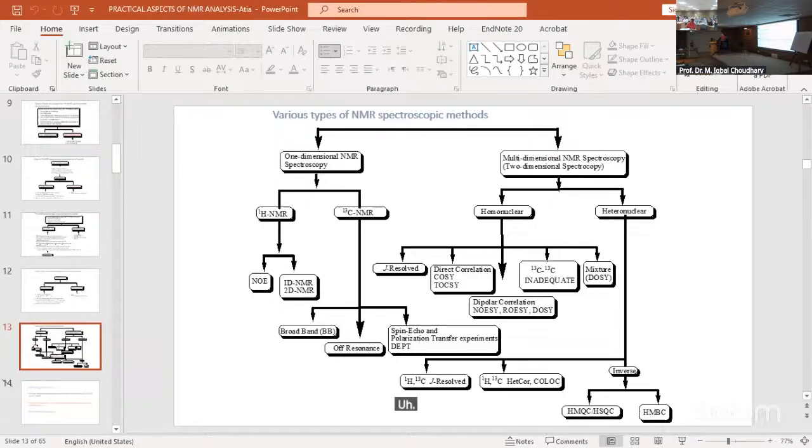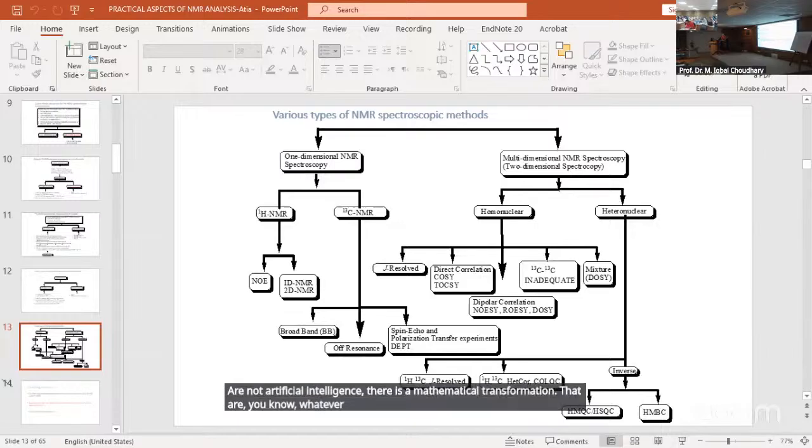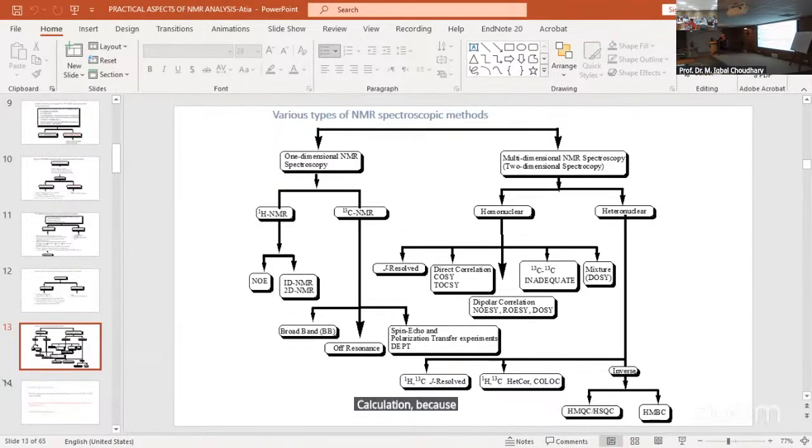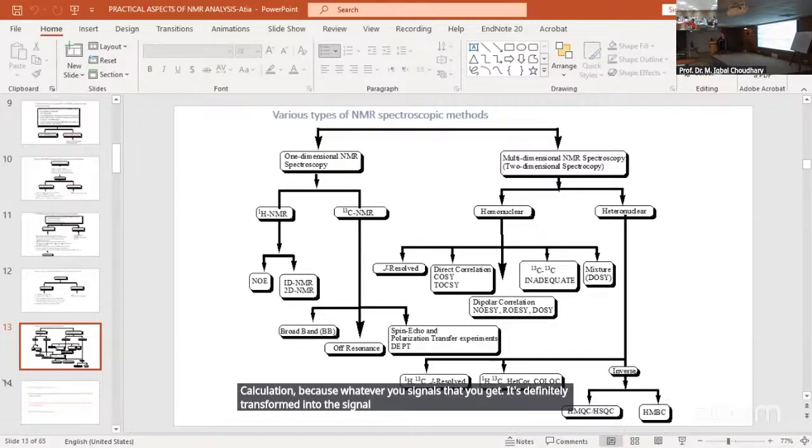Not artificial intelligence, there is a mathematical transformation. Whatever signals you get are transformed from the time domain signal into the frequency domain signal.